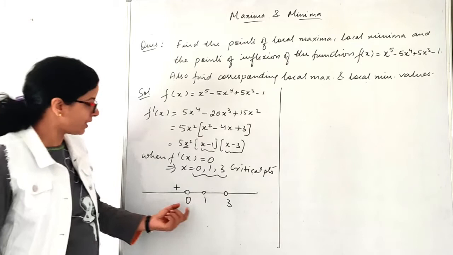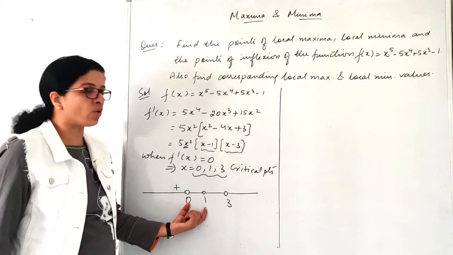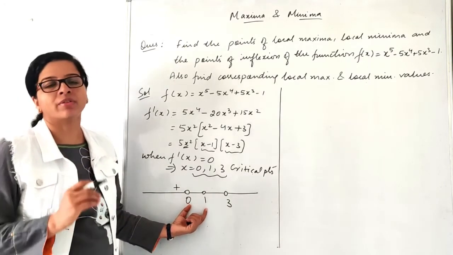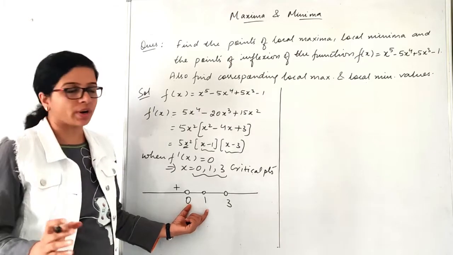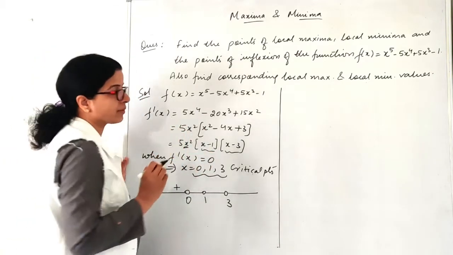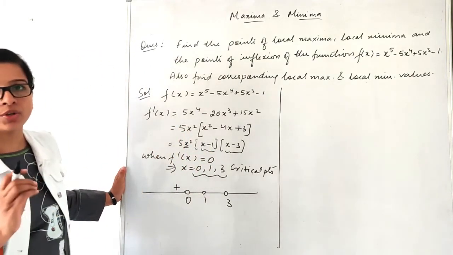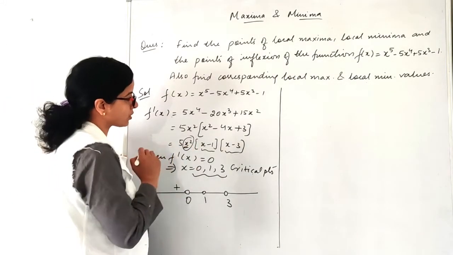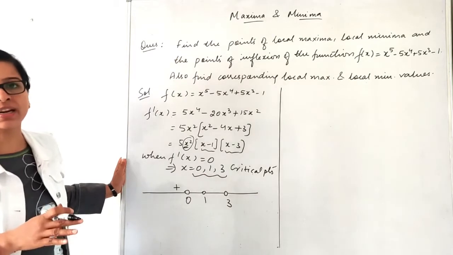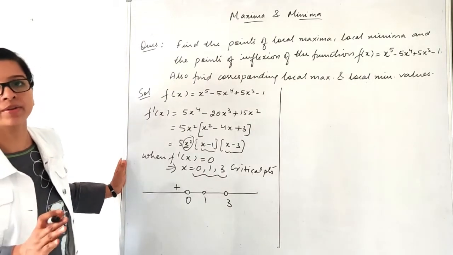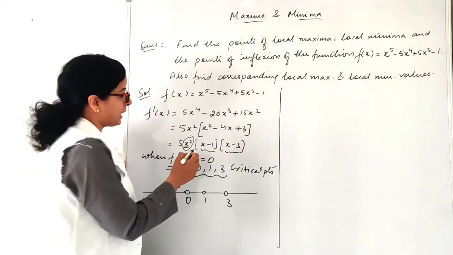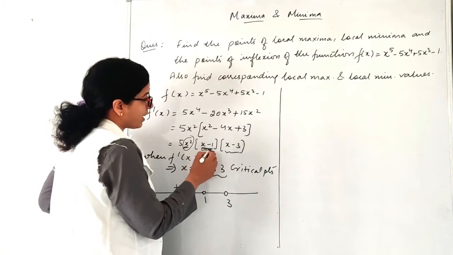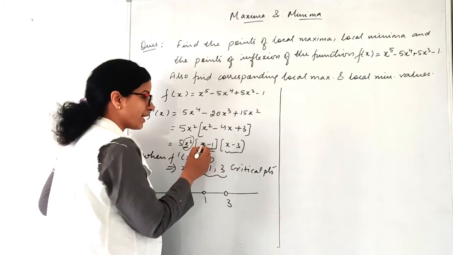Correct? Now if I take any value between 0 and 1, 0.5, 1 by 3, 1 by 4, any of the values you can substitute here and check what you are getting. So let us substitute half. This will always be positive because it is a square. Whether you substitute a negative value or a positive value, it will be positive. Now if I substitute half over here, half is smaller than 1, so I will get a negative answer.